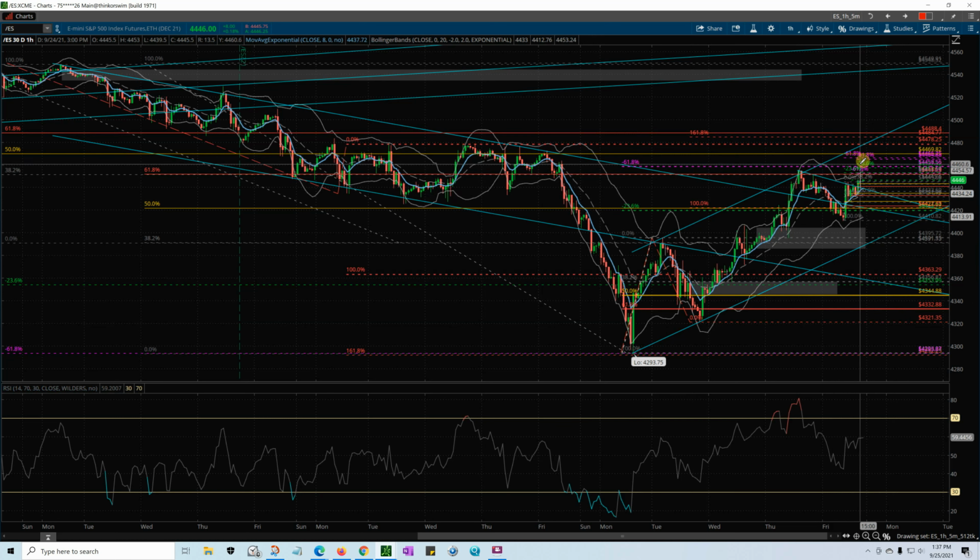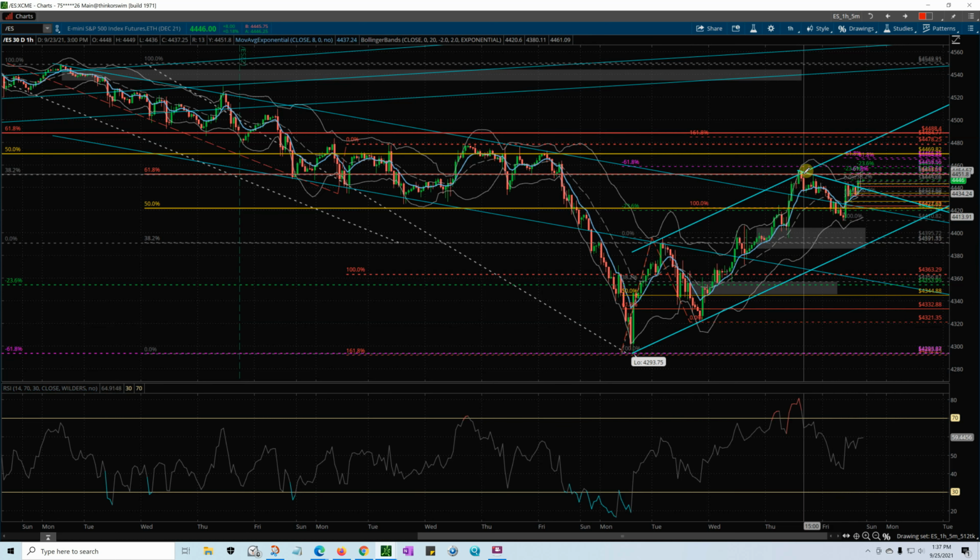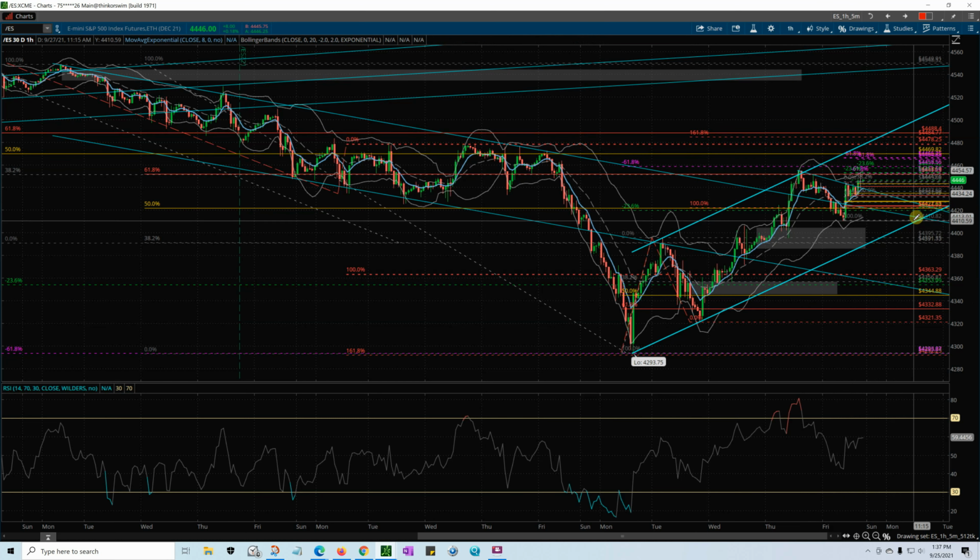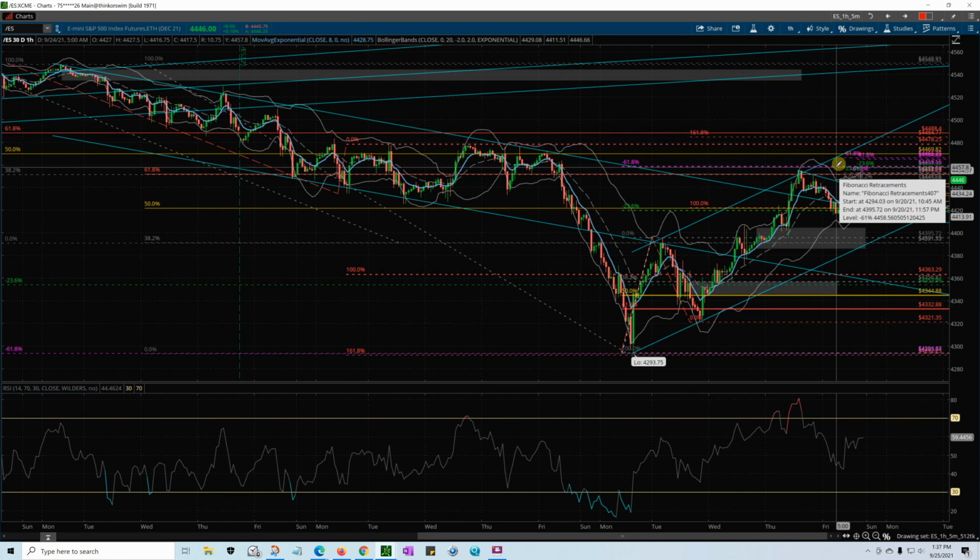So we run the stops north, we run the stops south, and that would give us an ABC expanded flat correction. And then maybe in the European session, we get a fifth wave starting and we start going straight up in extensions. We gap up on Monday and we just go and go and go, and we'll see how far it takes us. That's what I'm thinking.